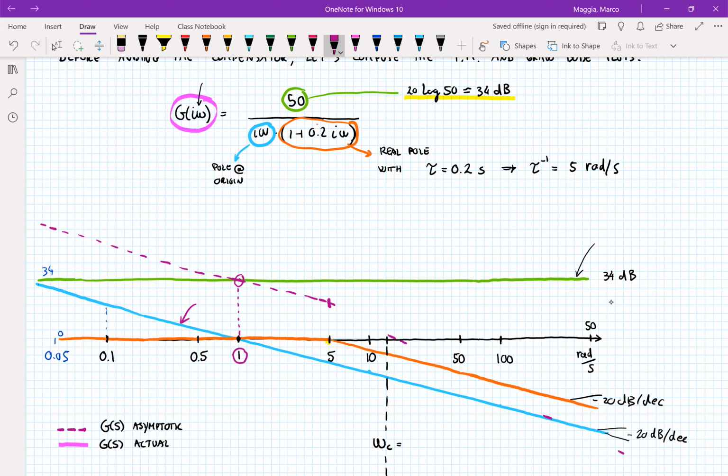All right, so when we hit 5, now we have also the contribution of the real pole, so our slope decreases further from -20 to -40 decibels per decade.